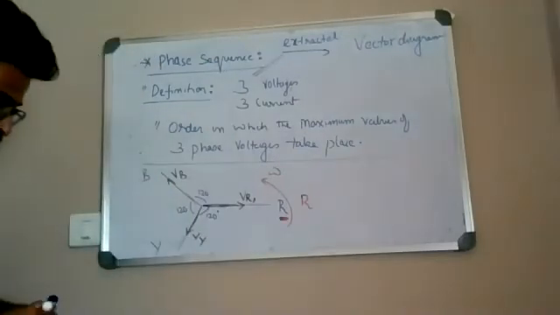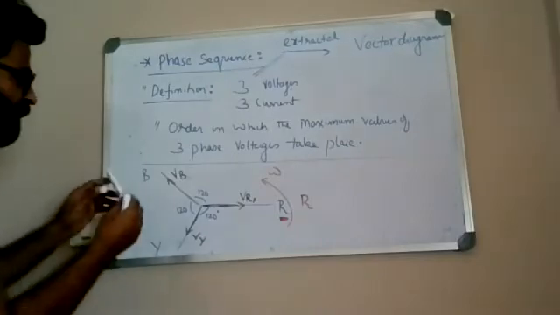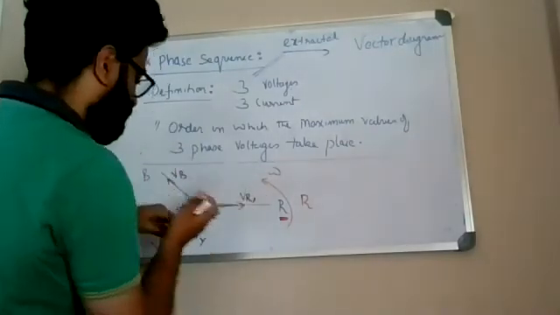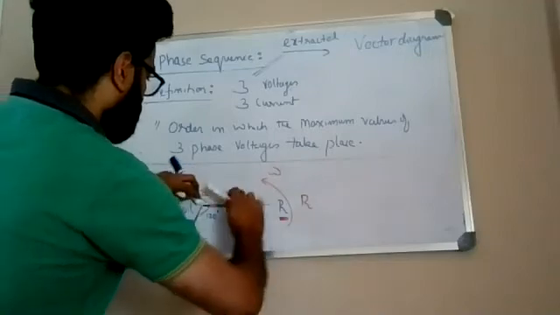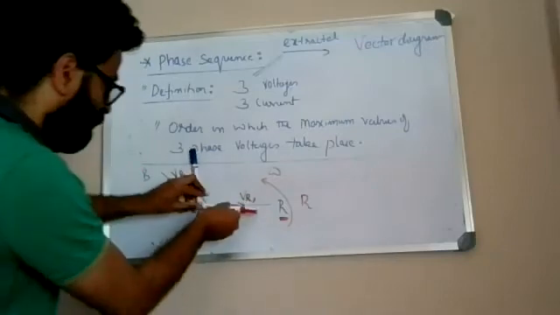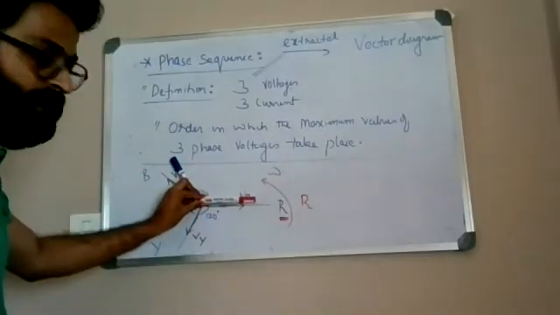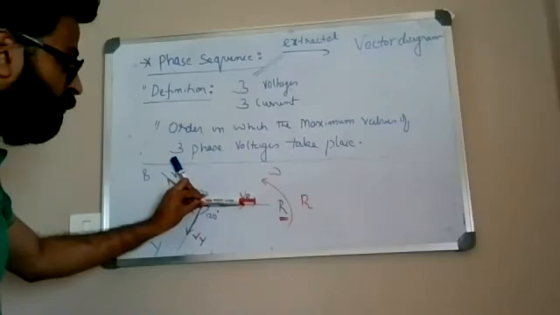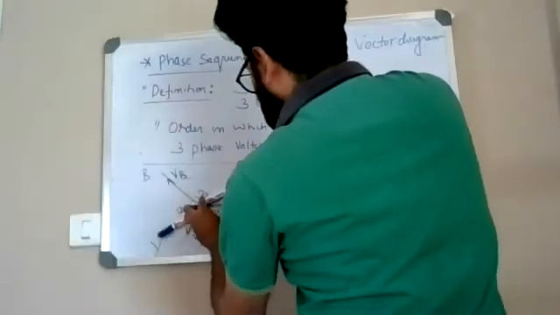Okay. So when you give the first 120-degree rotation, what happens is that, okay, so this is your B, say this is your R, okay, and let's say this is your Y. And how much angular rotation you are trying to give? 120. 120 means this is how it becomes.